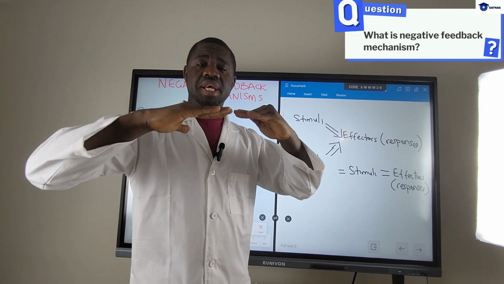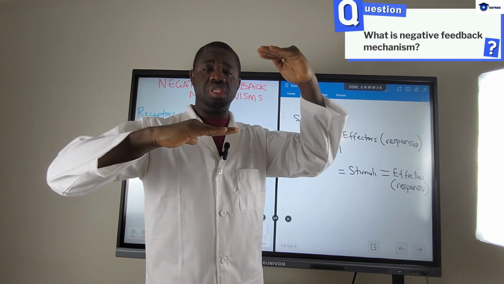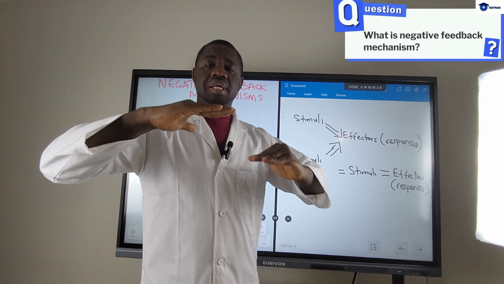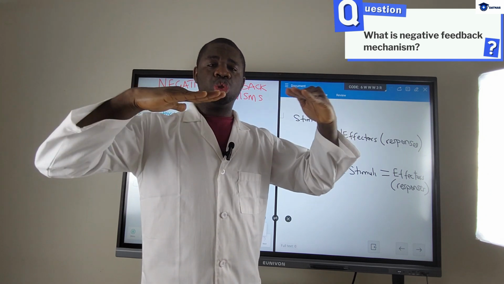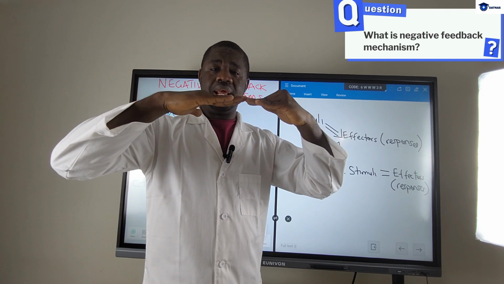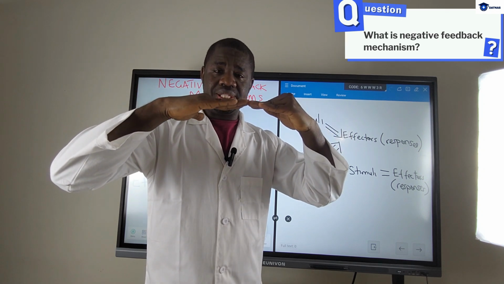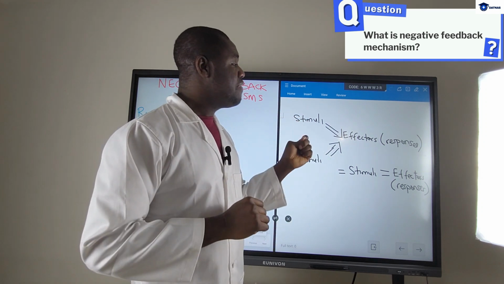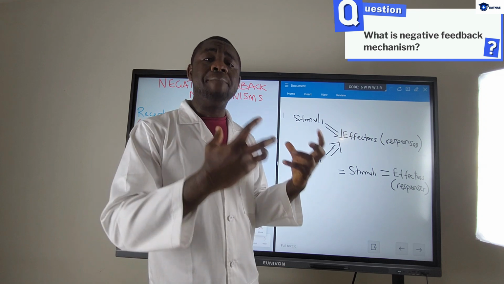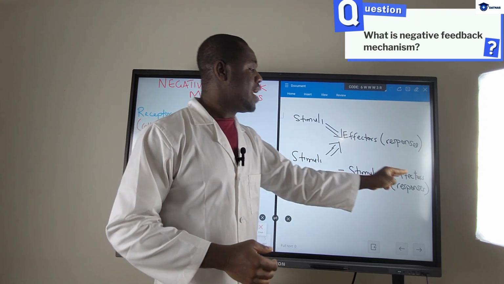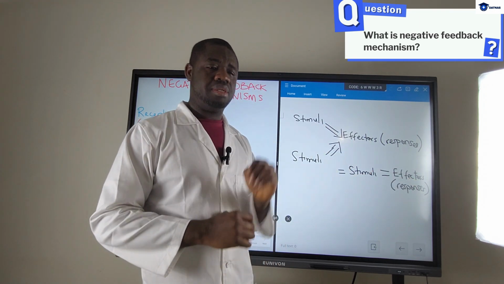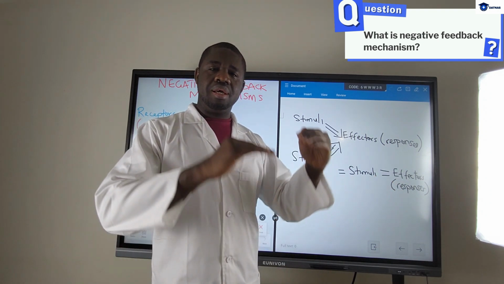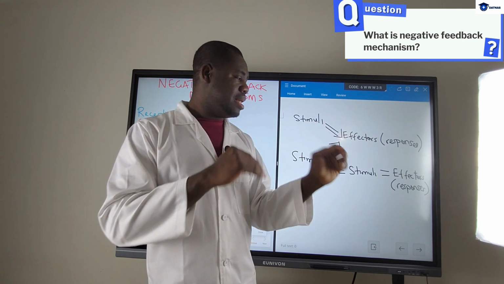That is, if there is high body temperature, this is the stimulus, or low body temperature, the effector is to ensure balance, to negate the stimulus. So negative feedback mechanism is a mechanism where the effectors negate, or neutralize, the stimuli.